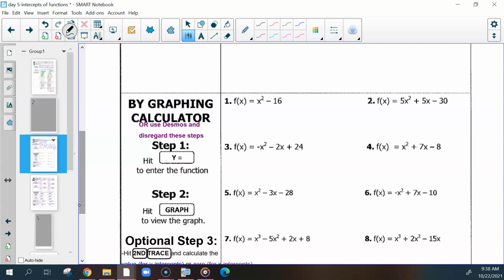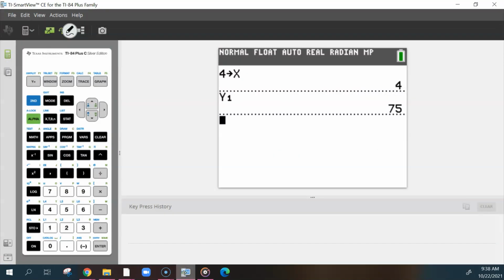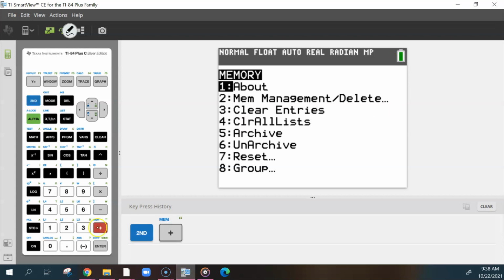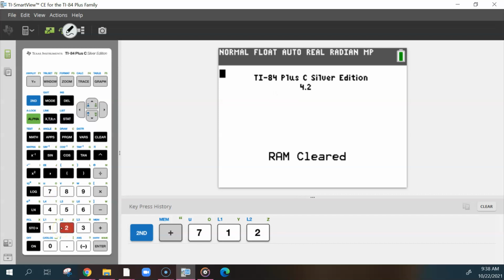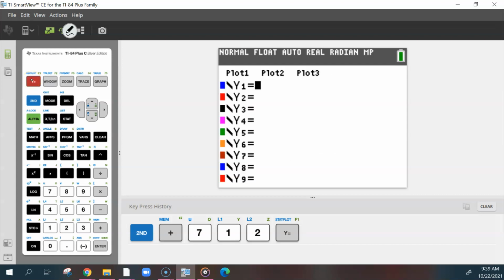So go into y equals on your calculator. Actually, first, reset it. Second plus 7, 1, 2. That way, nothing else is in there, and we don't have to worry about other people's data. After you reset it, then go into y equals, which is at the top. You're going to put in the equation from number 1, x squared minus 16.